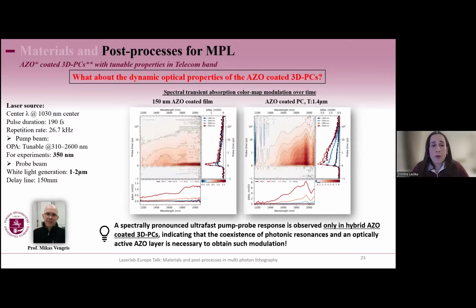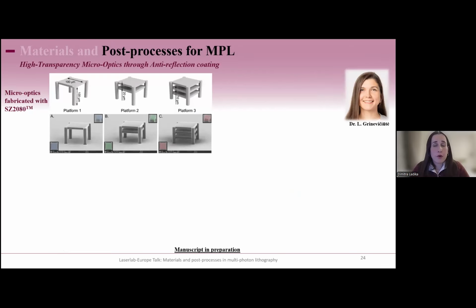But moving forward, as I said, I will speak for coatings. Another project that now is taking place, it's almost done. It's the use of coatings in order to achieve highly transparent micro-optics through anti-reflection coating. So what we did, we started with the fabrication of the same micro-optics with three different levels, 1, 2, and 3.